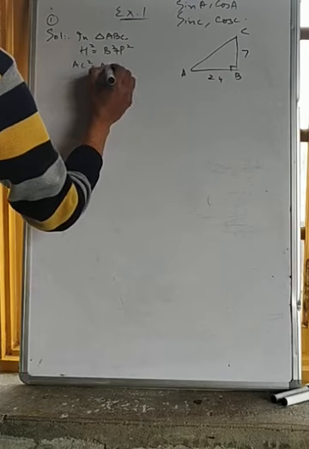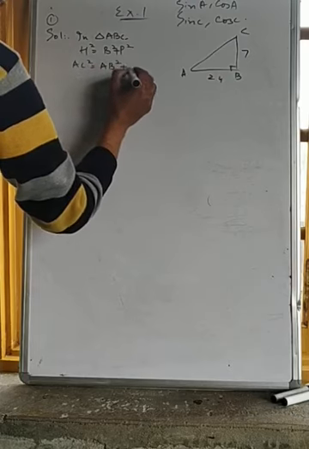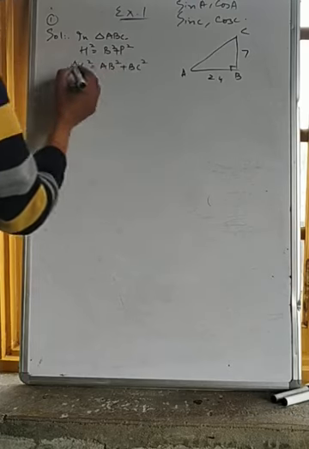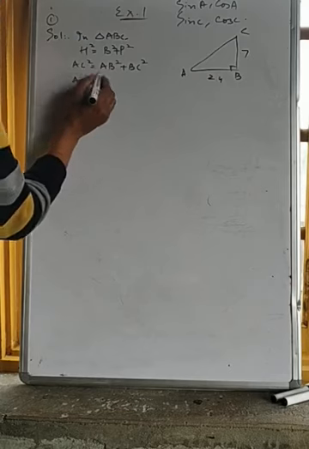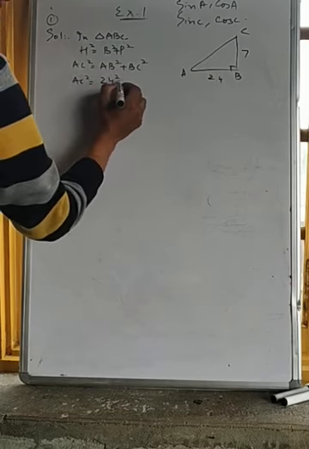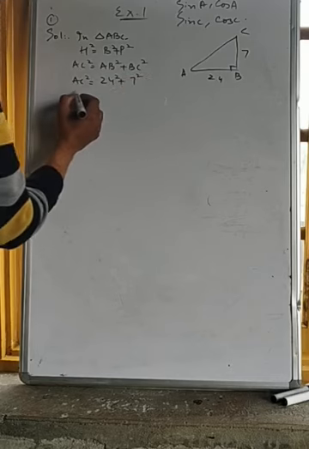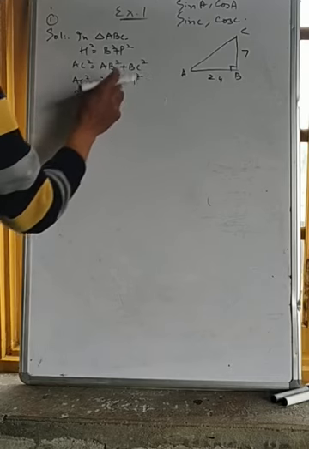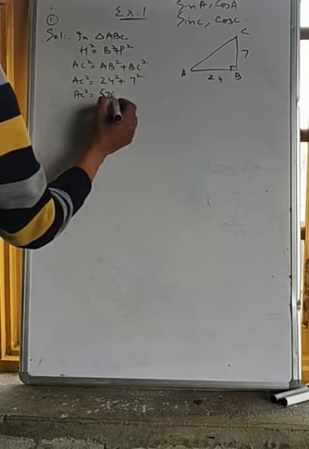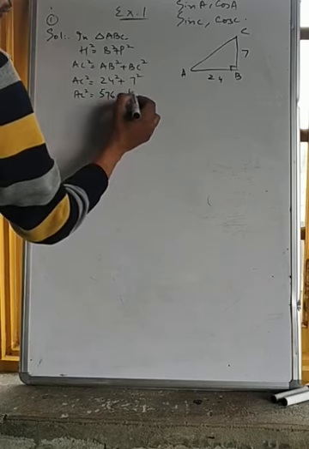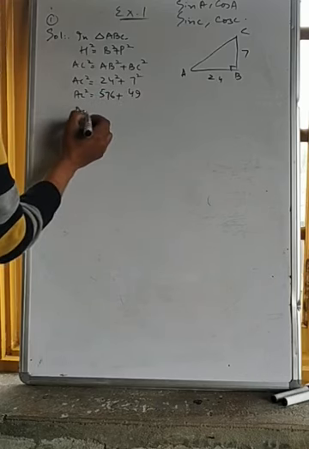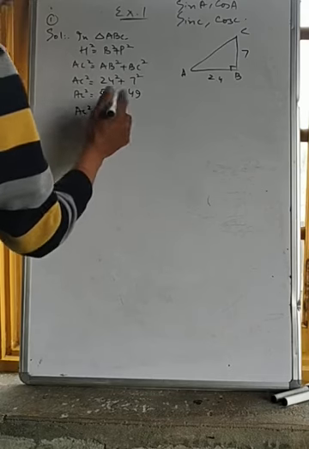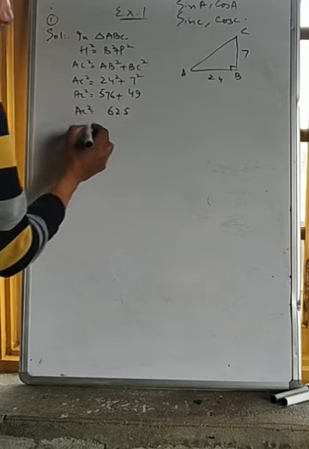So it's up to us. Let's take base as AB and perpendicular as BC. AC square is not given. AB is 24, BC is 7. AC square is equal to 24 square, 576, plus 7 square, which is 49. AC square is 576 plus 49, which is equal to 625.